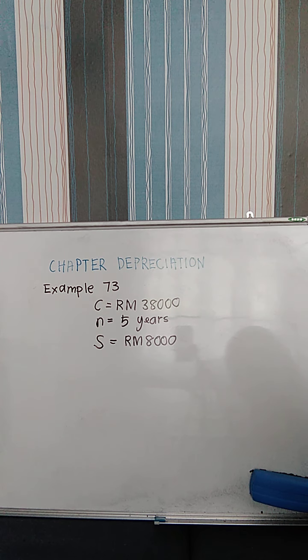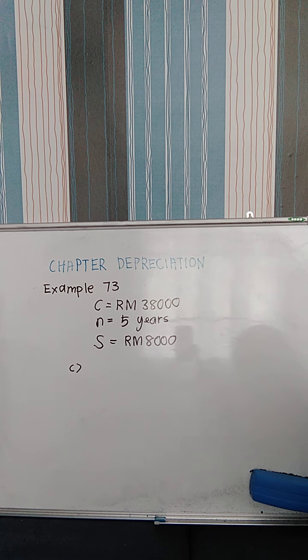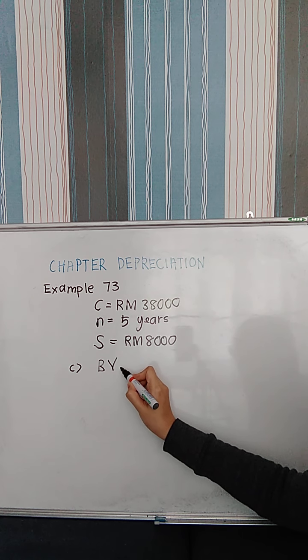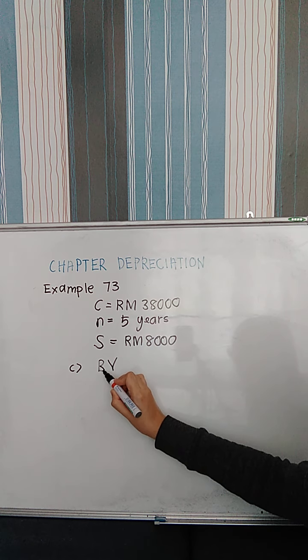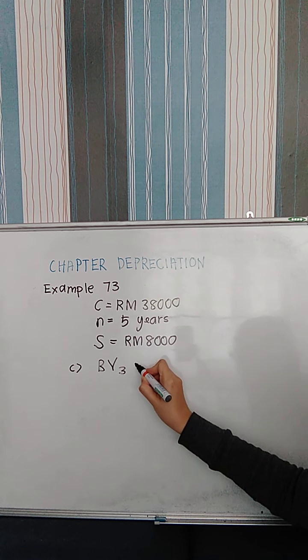Okay, next, we continue to C. Calculate the book value of the lorry at the end of 3rd year. You can write it as BV3, book value at the end of 3 years.